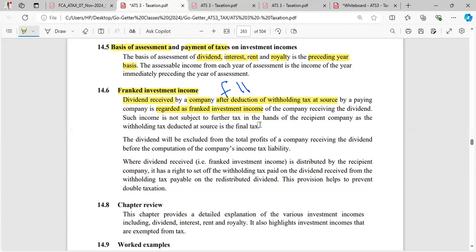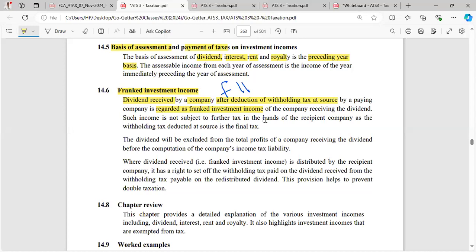You must have suffered tax before you know this is profit after tax.